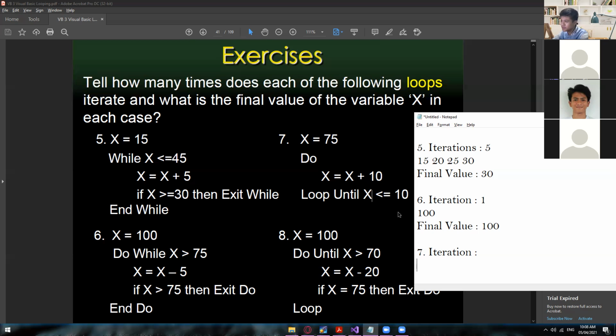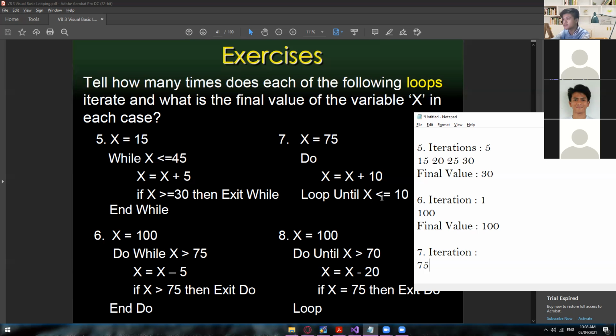So let's see, x is less than or equal to 10. 75 is already less than or equal to 10? That one is false, right?